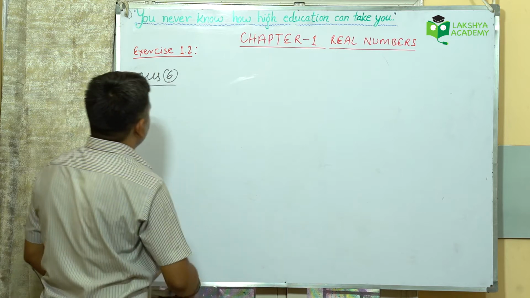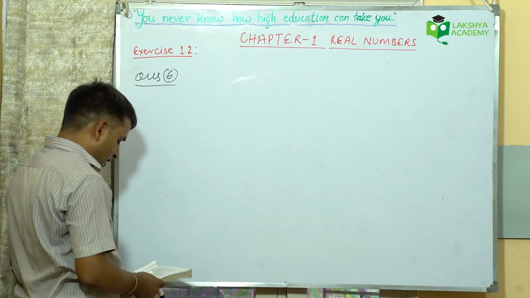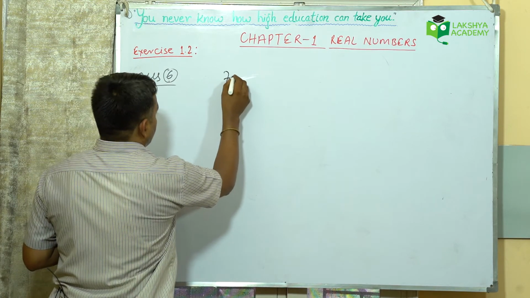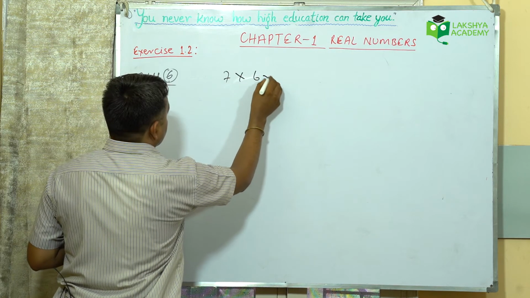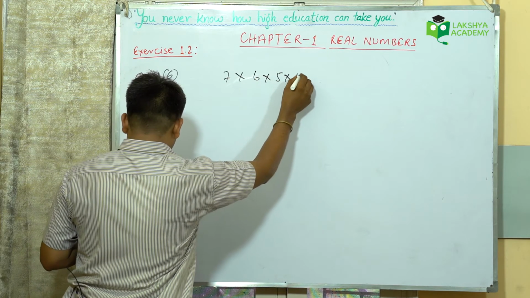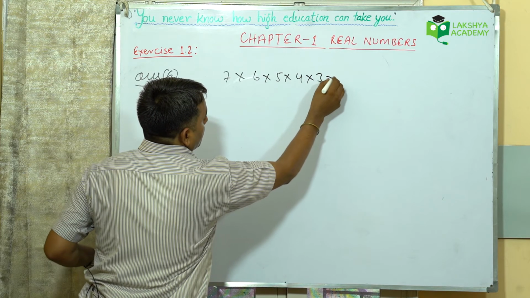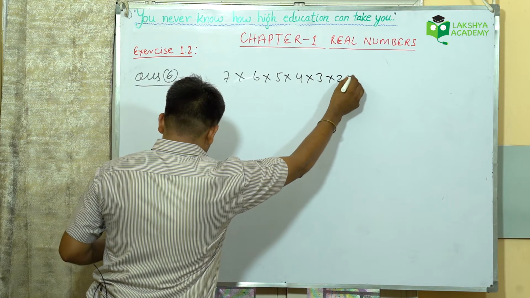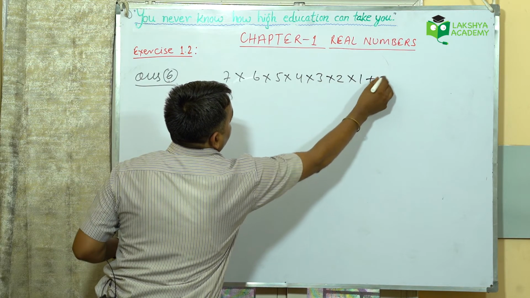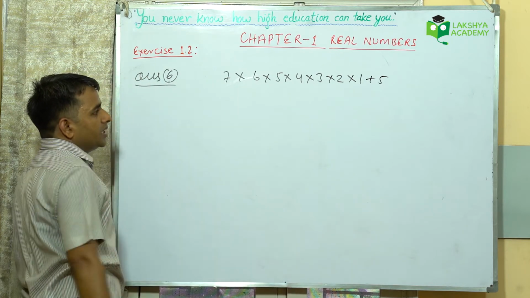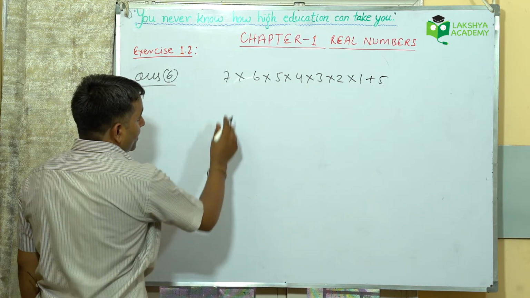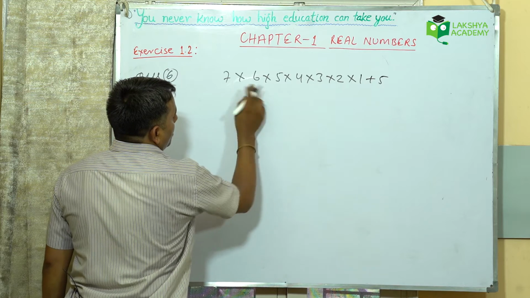Now coming to the second part of the same question, we need to prove whether 7 into 6 into 5 into 4 into 3 into 2 into 1 plus 5 is a composite number or not. So we will take 5 as common from here.